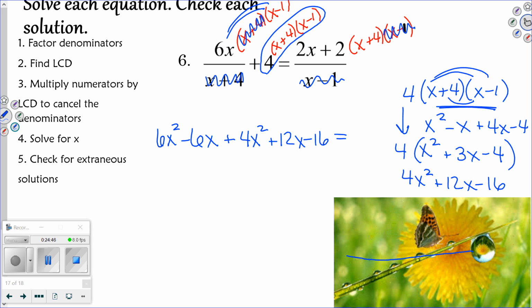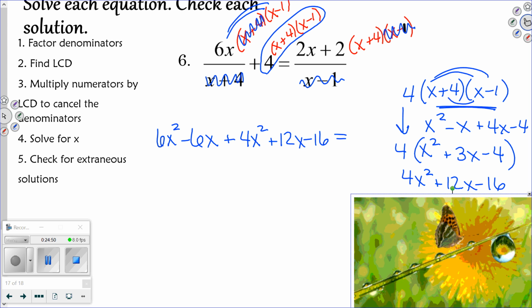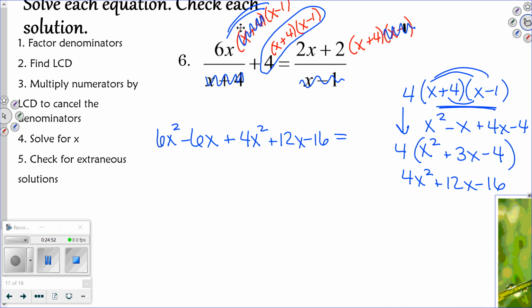So another side note, if I can get this thing out of the way. All right, second side note, I have 2x plus 2 times x plus 4. So we'll distribute those.